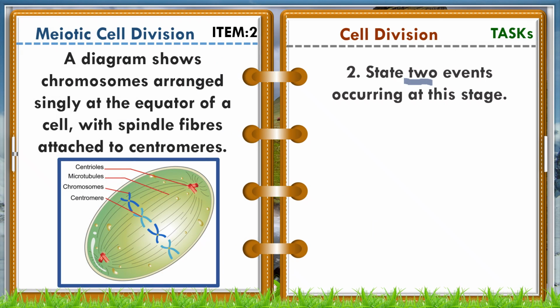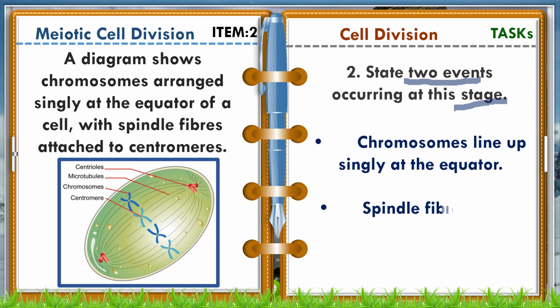State two events occurring in this stage. Which two events are you seeing occurring in this stage? One, the chromosomes line up singly at the equator. Each chromosome, which is made up of two sister chromatids, aligns itself at the equator on a single spindle.